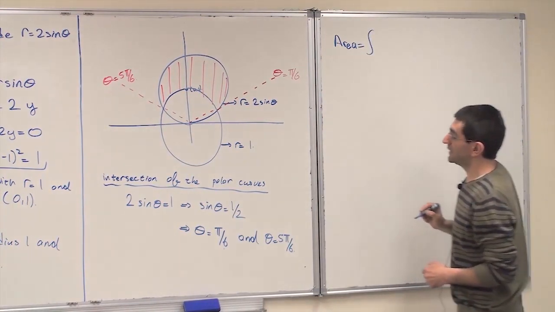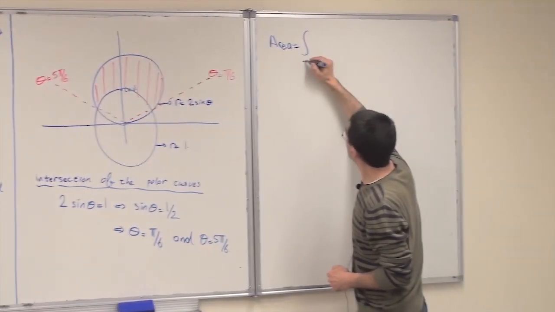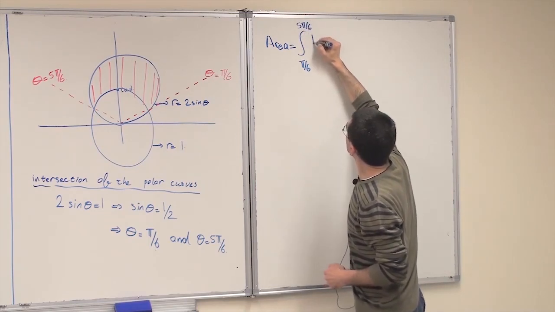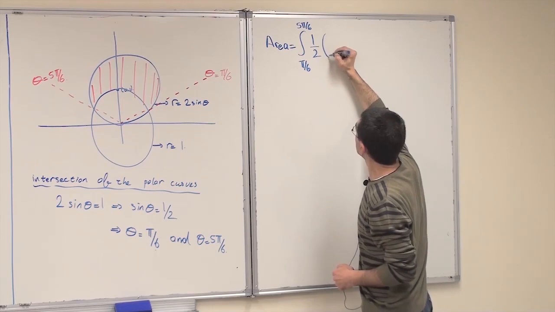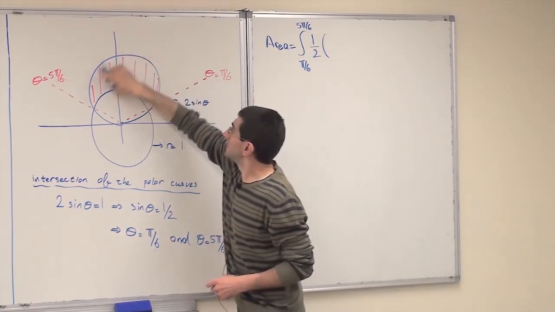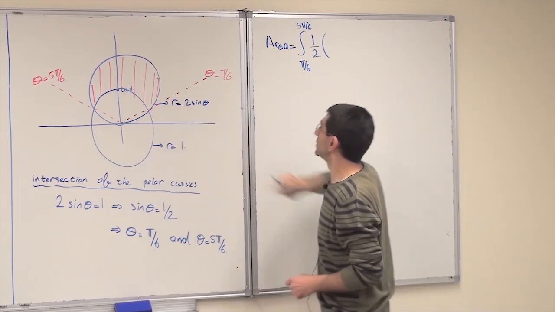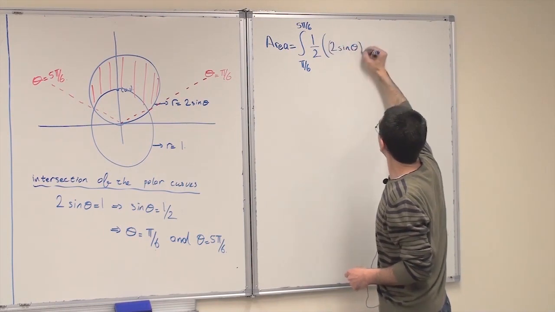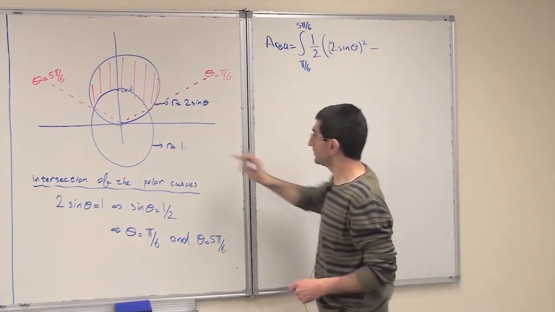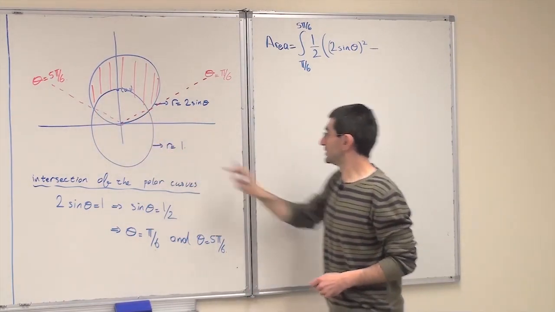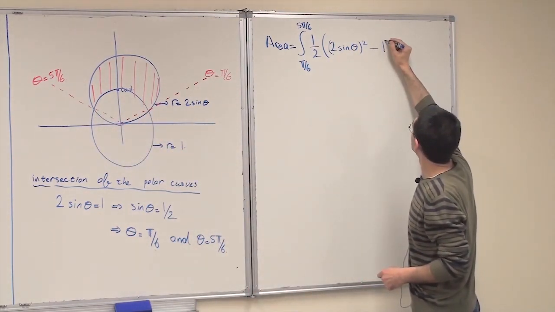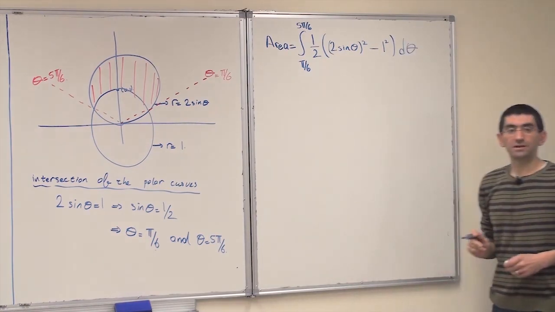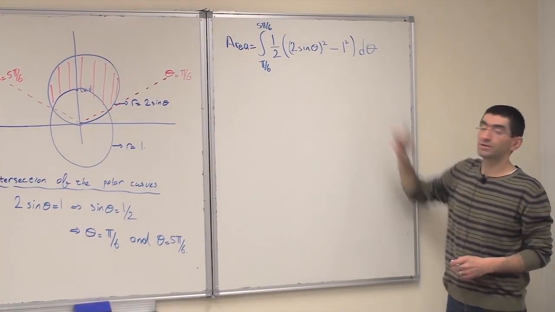So it will be integral from pi over 6 to 5 pi over 6, 1 over 2, the outer polar curve, which is 2 sine theta squared, minus the inner polar curve, which is r equals 1, so 1 squared d theta. Now, in the rest of the exercise, we are going to evaluate this integral.